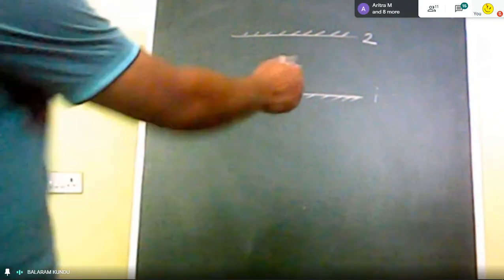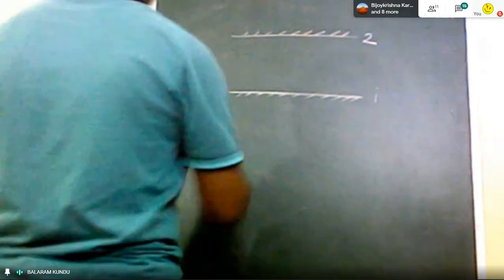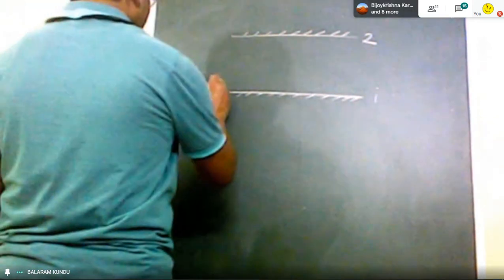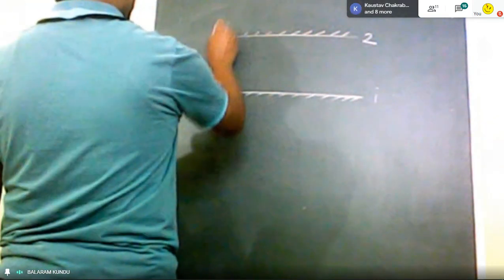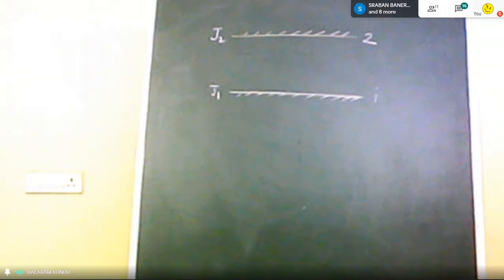For surface 1, say radiosity J1, and for surface 2, say radiosity J2. And J1 means what? Mathematically, J1 is radiosity.